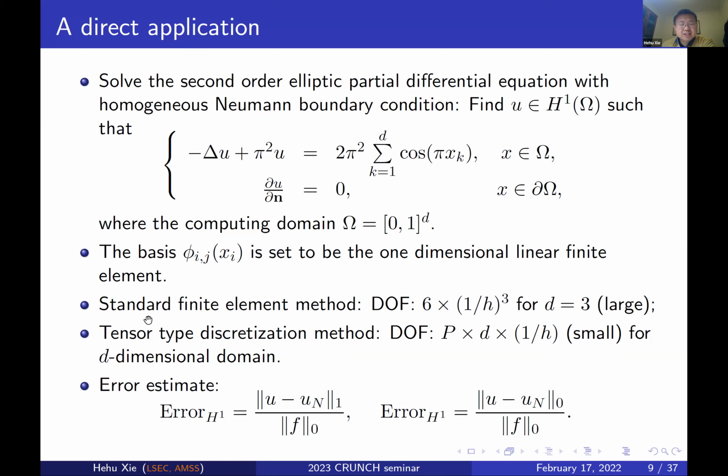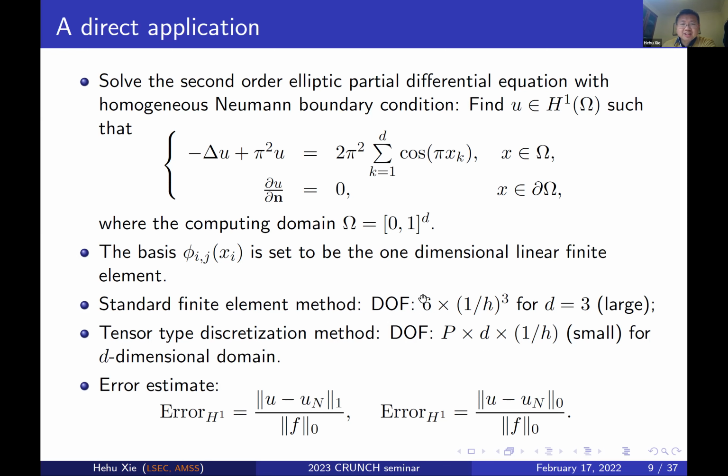For the standard finite element method, the number is of order one over h to the d, which is very large. If we use the tensor type discretization method, the degrees of freedom are very small for the d-dimensional domain. Let us use these two terms to denote the error: this is the H1 norm and this is the L2 norm.